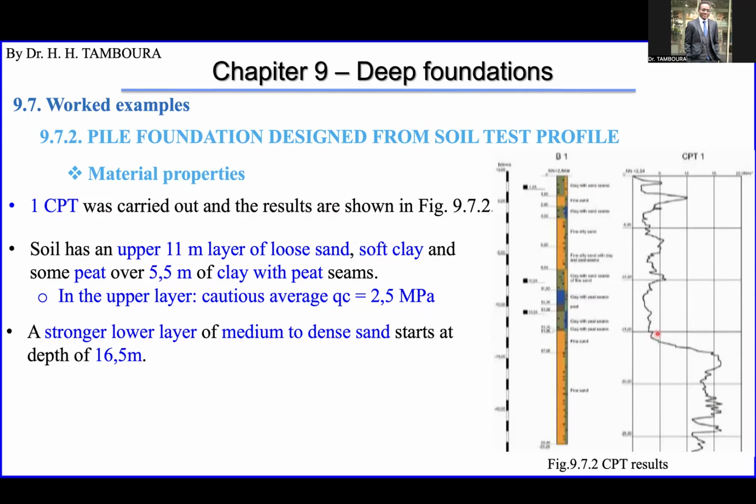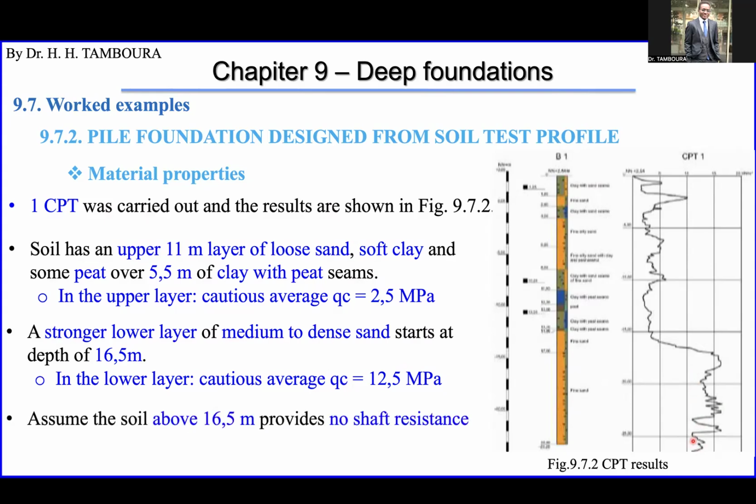So we can also do another averaging of the QC, which is around 12.5. As I say, this is 5, this is 10, and here we have 15. So if we do a cautious average, we will get around 12 or something.